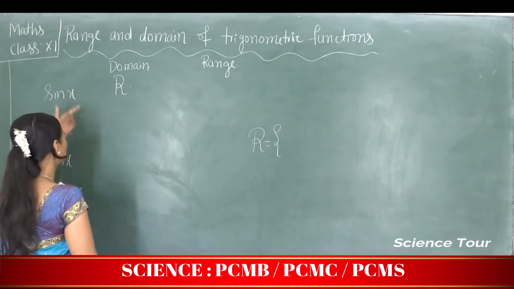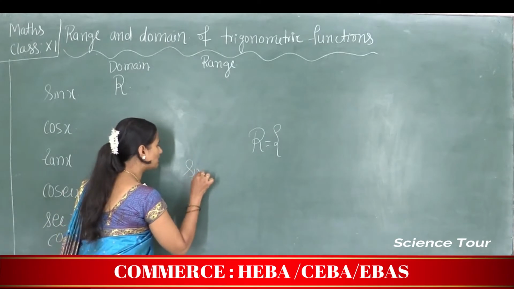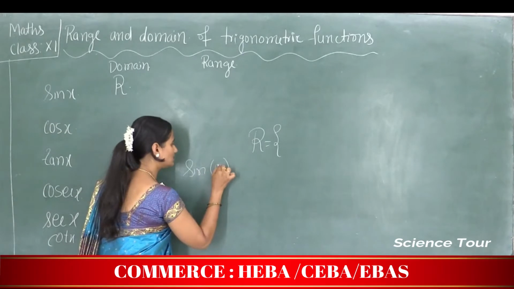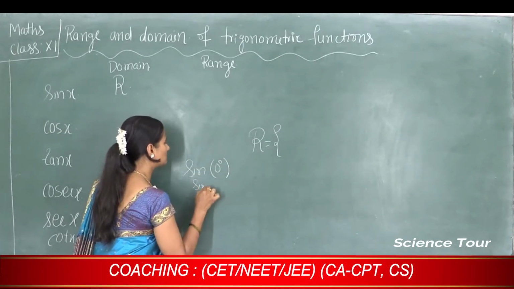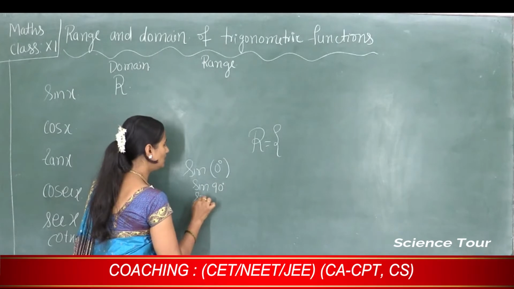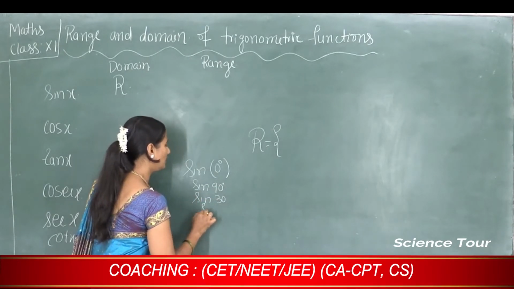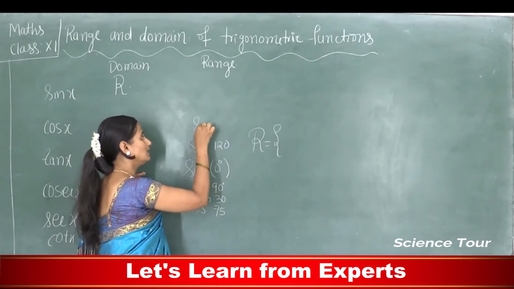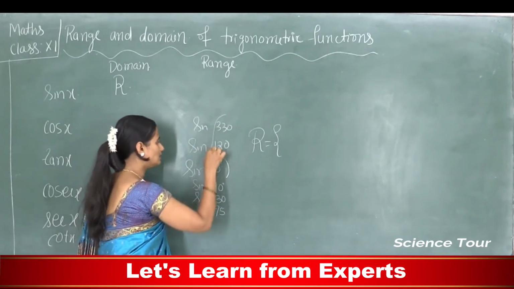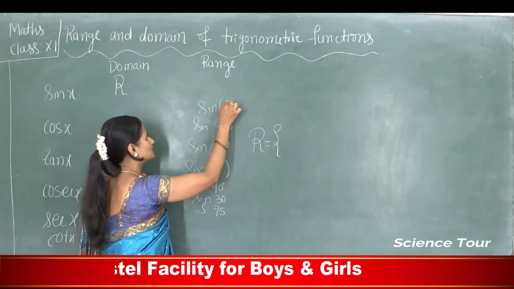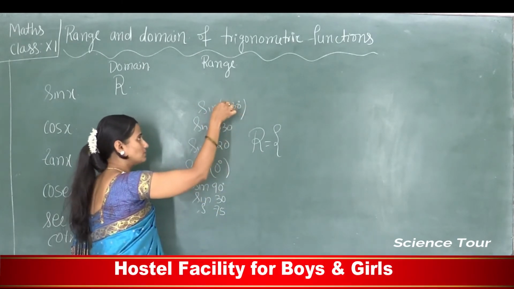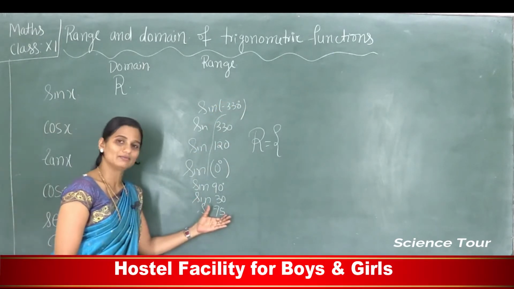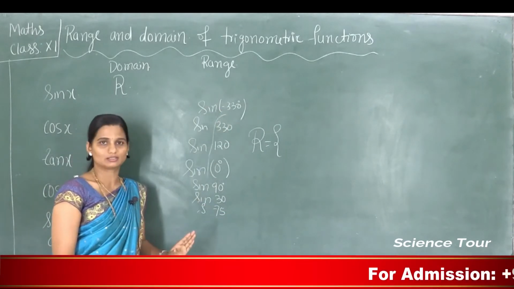Now here domain is the set of all real numbers. Domain means the value of x. So sine of 0 degree, sine of 90 degree, sine of 30 degree, sine of 75 degree, sine of 120 degree, sine of 330 degree, or sine of minus 330 degree. You are finding the values for these degrees.